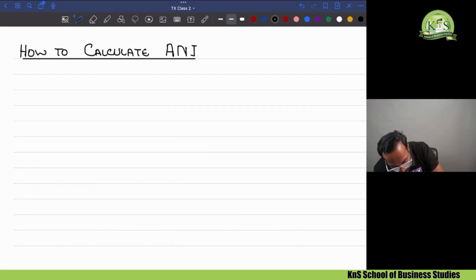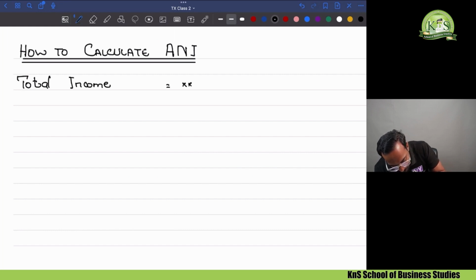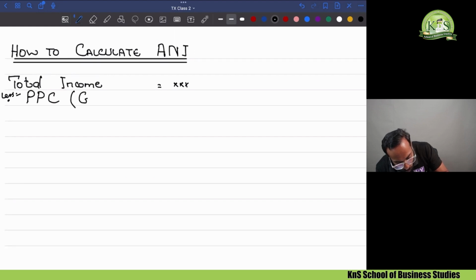First, you need to write total income. Then you need to less personal pension contribution, the gross amount. And what is the factor? 100/80.